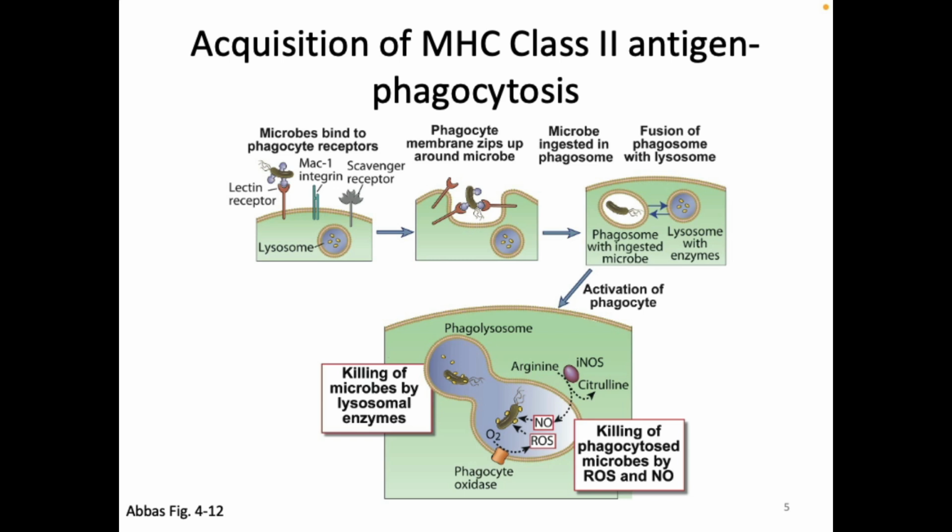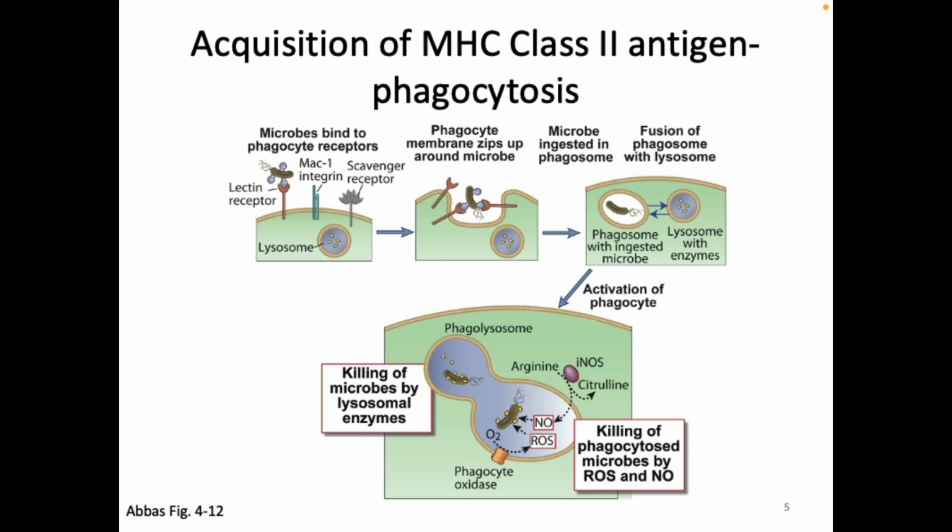We're going to make a little compartment of the cell membrane and eventually close off that microbe into a compartment called the phagosome, because it was an organelle, so it's ome, but it was made by phagocytosis, so it's the phagosome. Eventually, that phagosome, as you'll see in subsequent slides, might fuse with lysosomes or somehow become a lysosome. In fact, often we eventually call it a phagolysosome. And then we'll kill that microbe and start to degrade it there.